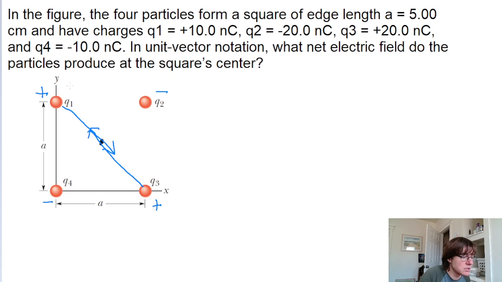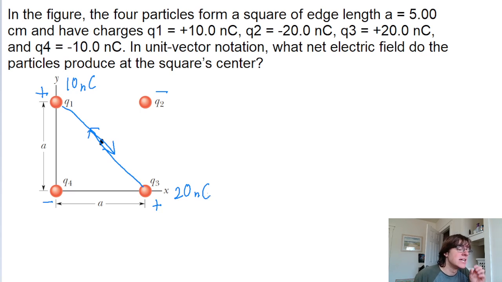So according to the problem, Q1 has a charge magnitude of 10 nanocoulombs, and Q3 has a charge of 20 nanocoulombs. Now, if charges 1 and 3 had the exact same charge magnitude, then their electric effects would be equal. They would cancel each other out perfectly, and we could basically just ignore Q1 and Q3 entirely.